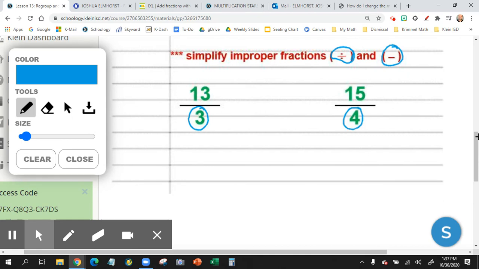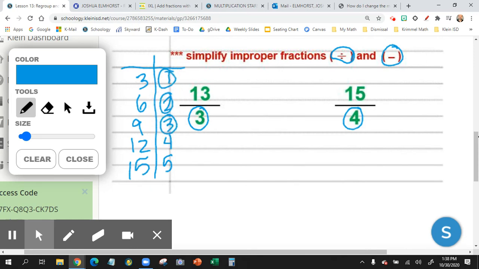So we're going to start with multiples of 3 that we can take out of this numerator: 3, 6, 9, 12, 15. Multiples of 3, we can get one whole number, two, three, four whole numbers. But we don't have 15, we only have 13, so this is too much. So we're going to use 4 whole numbers.